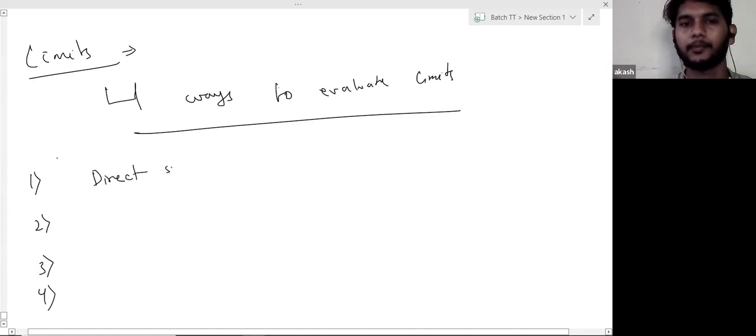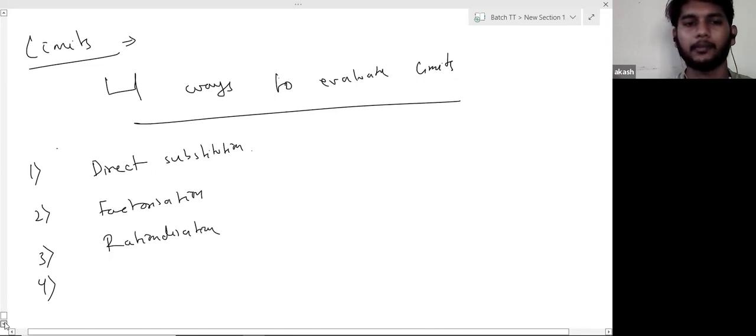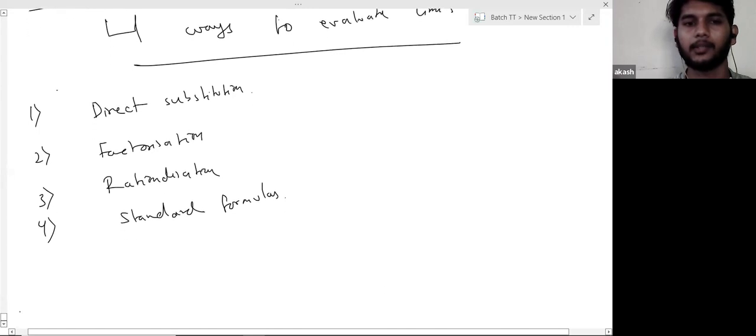Direct substitution, factorization, rationalization, and we have standard limits or standard formulas. If you are okay with all of these 4, then you can solve any limit questions that you can see. All right, so what is first? Direct substitution.